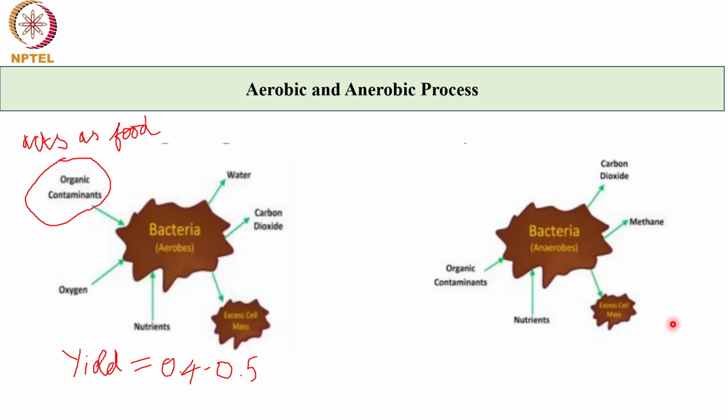So the amount of nitrogen and phosphorus removed by aerobic bacteria will be very high compared to that removed by anaerobic bacteria. At the end, aerobic bacteria will produce carbon dioxide and anaerobic bacteria will produce methane.